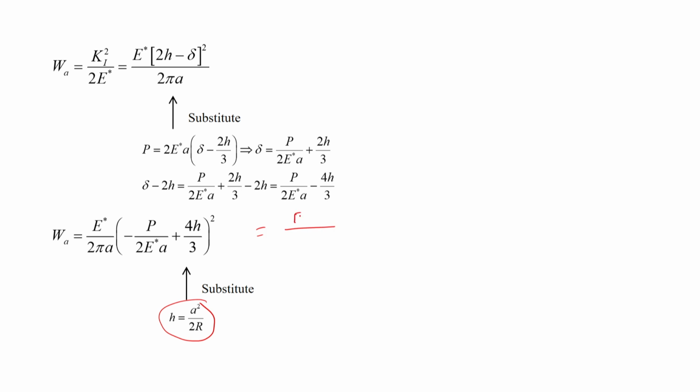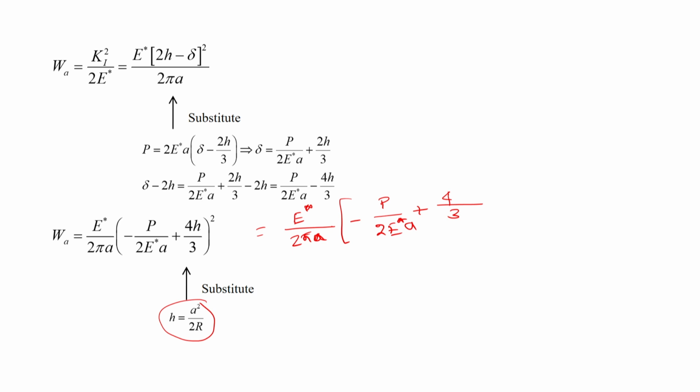If we do that, it will be E star by 2 pi a into (minus P by 2 E star a plus 4 by 3 h). Remember that in the JKR equation we have not h, but everything in terms of a, the contact radius, and capital R, the radius of the indenter.